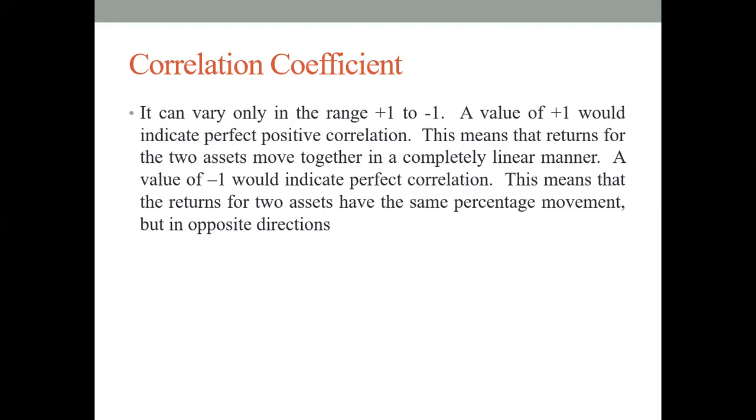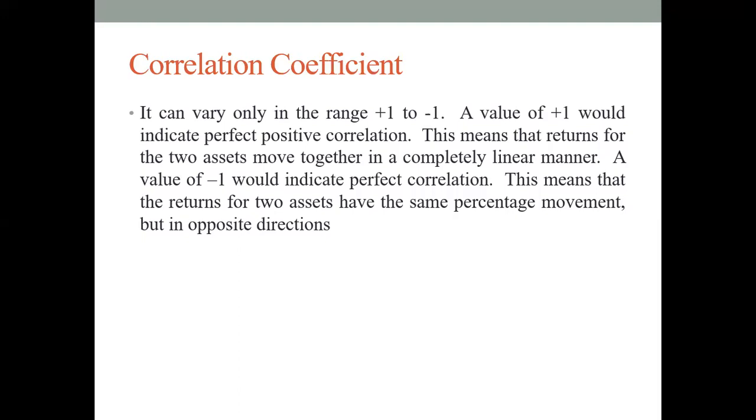So +1 means a positive correlation that will also show a high risk associated with those assets. This means that the returns of two assets move together in a completely linear manner. Linear manner means in an increasing order. You know about the linear equation.